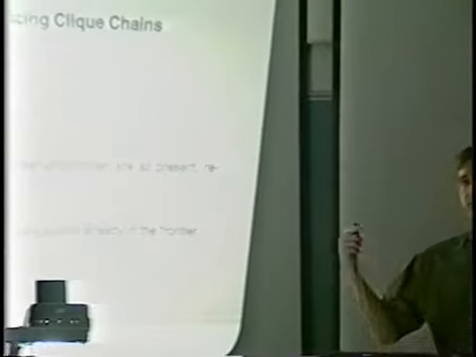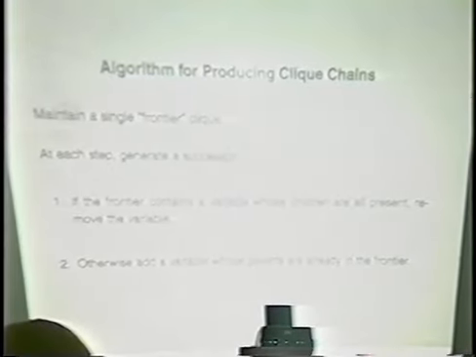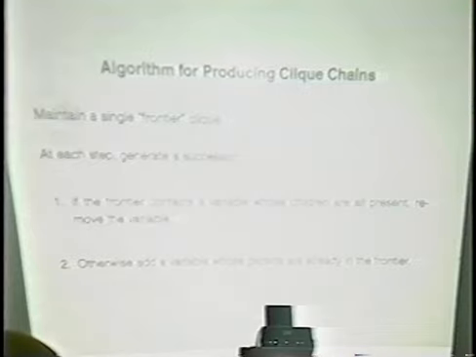So there is a very simple algorithm for producing clique chains that satisfy those two requirements for equivalency. And in fact, they're practical if you want to do speech recognition. And the idea is to maintain a single frontier clique. And then at each step, you generate a new clique to make its child.